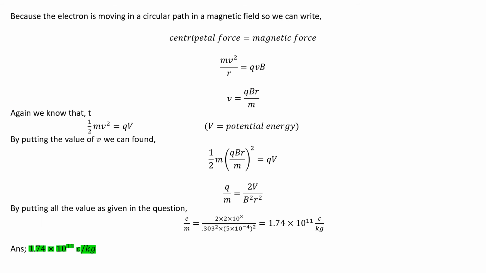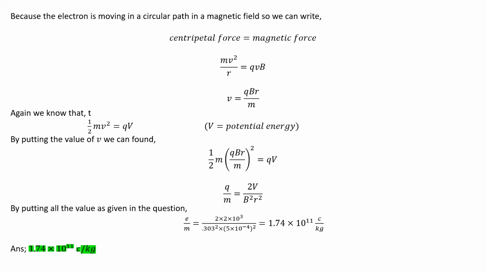So here is our solution. Because the electron is moving in a circular path in a magnetic field, we can write that centripetal force is equal to magnetic force, that is mv square by r is equal to qvB. So here we can find the value of v, that is equal to qBr by m. Again we know that half mv square, that is kinetic energy, is equal to qV, where capital V is the potential.